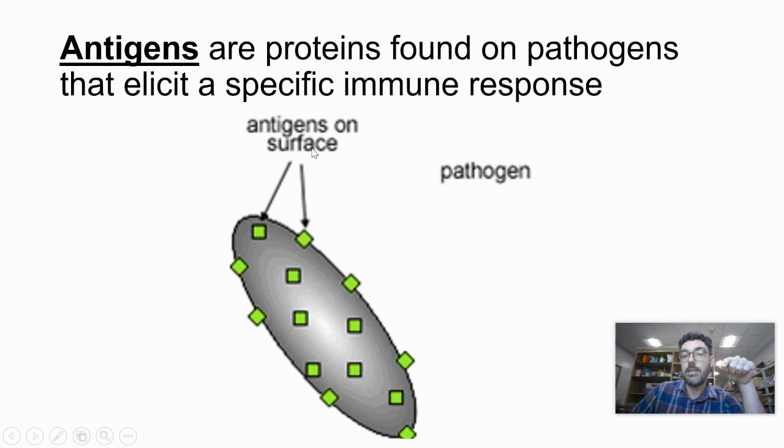But pathogens, such as this bacterial cell here, will also have antigens to communicate with each other, yeah? So that they don't want to kill each other. And so as a pathogen enters your body, your immune system can recognize the antigens on that pathogen and then learn to kill it. And that learning part is what we're going to talk about in this part of the lesson.